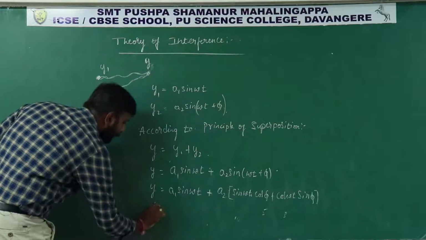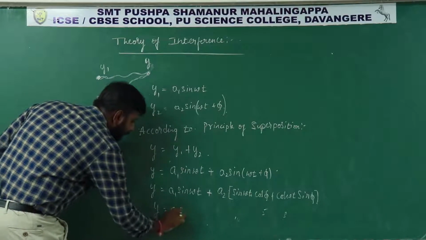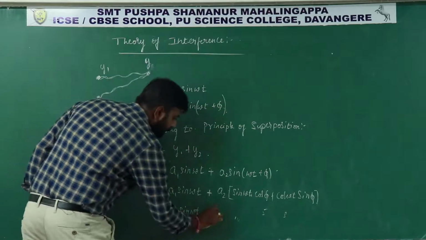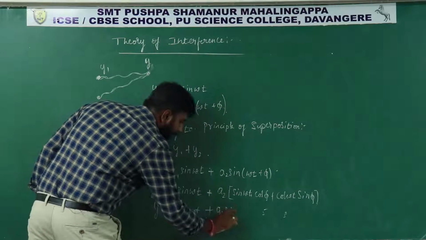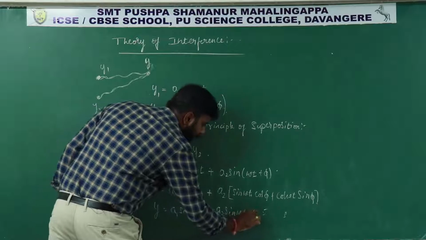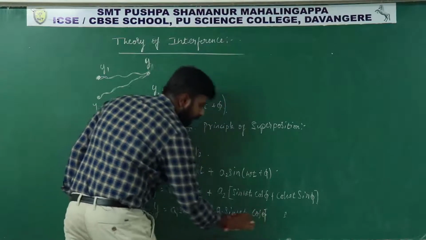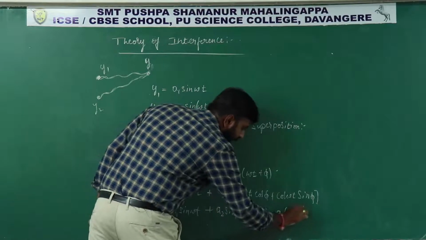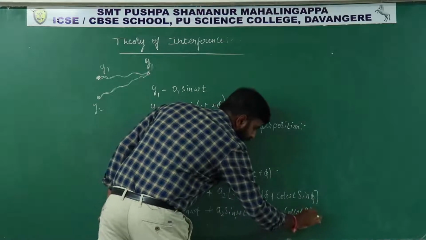Then y is equal to a1 sin omega t plus a2 sin omega t cos phi plus a2 cos omega t sin phi.